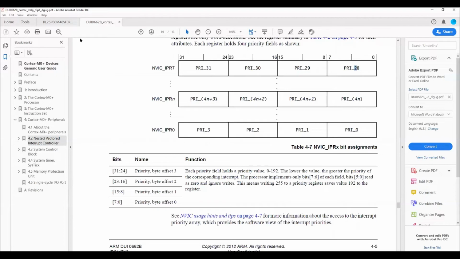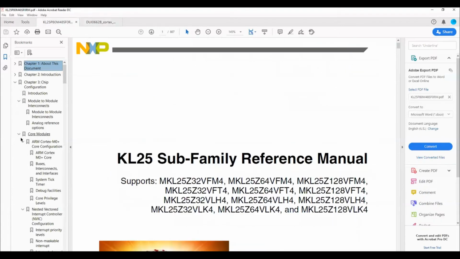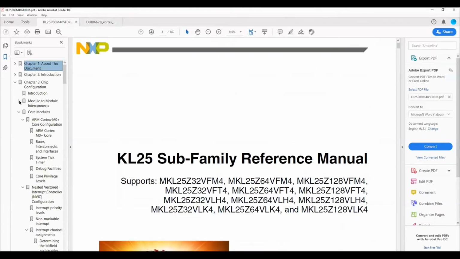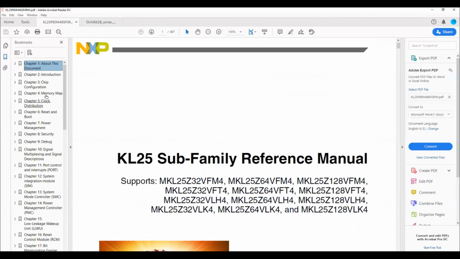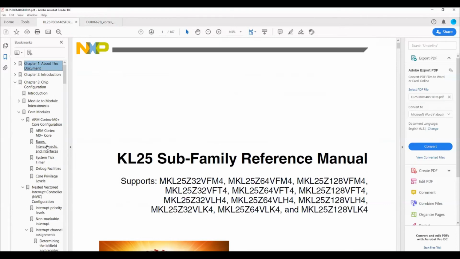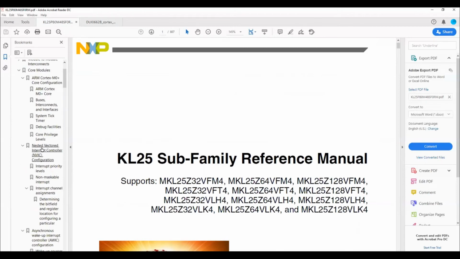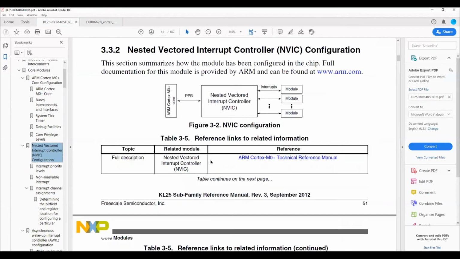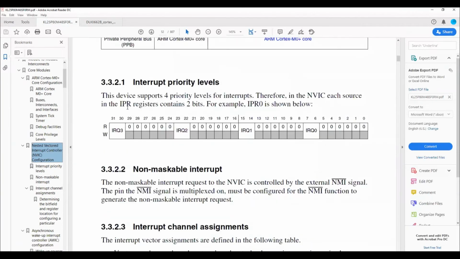Now let's go to this document. This document also has all these things. You go to the chip configuration and go down here. There is the nested vector interrupt controller, this one here, and you can see the diagram that I was drawing for you, something similar. Then you go here. This is the priority level I'm talking about.